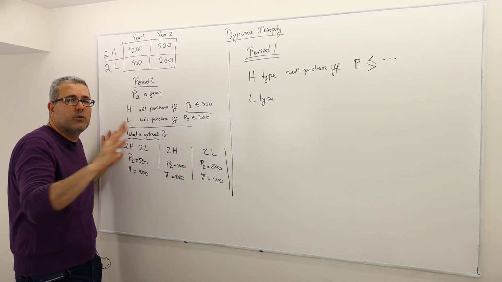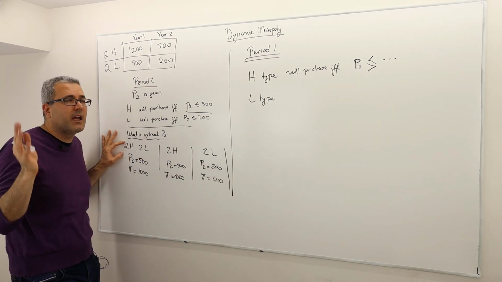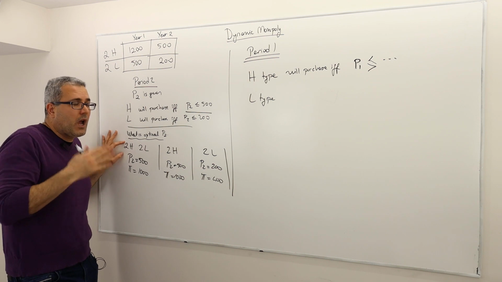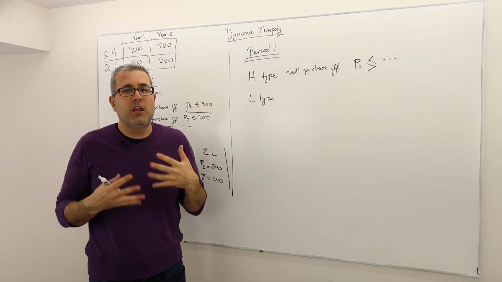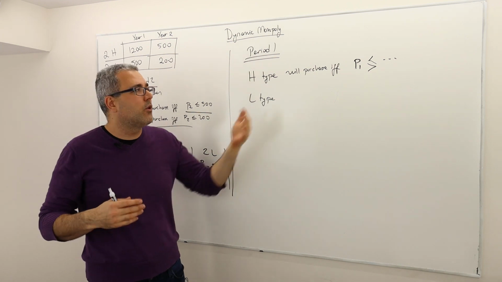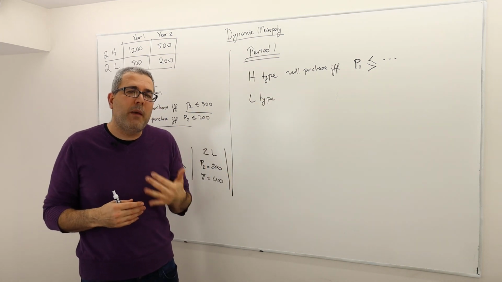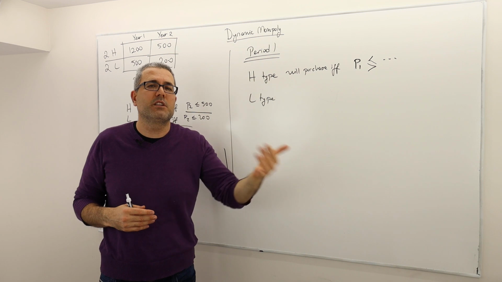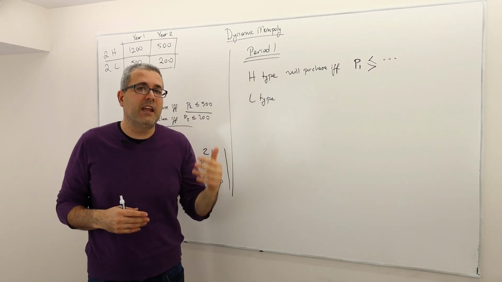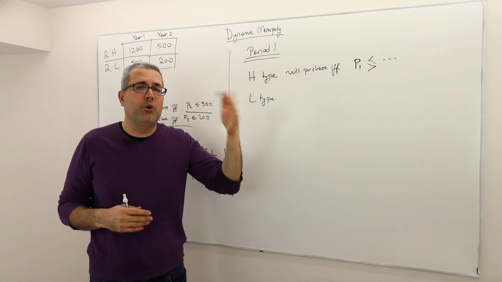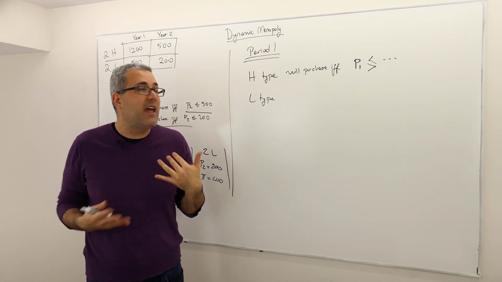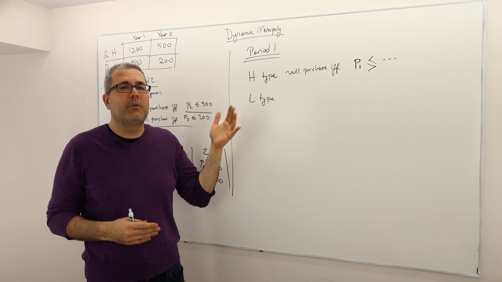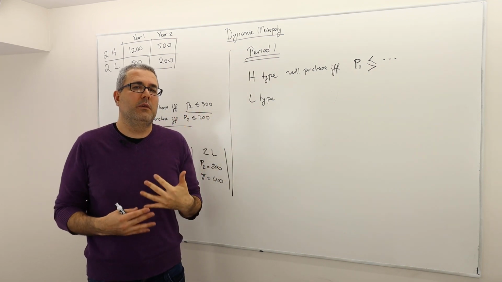And in this scenario, the second period price will be something else. So what I am trying to say is the H type's payoff doesn't only depend on P1, but it also depends on what the other customers will do. Because if they do or do not purchase, that's going to affect the second period price, and therefore the H type's optimal decision will be different.